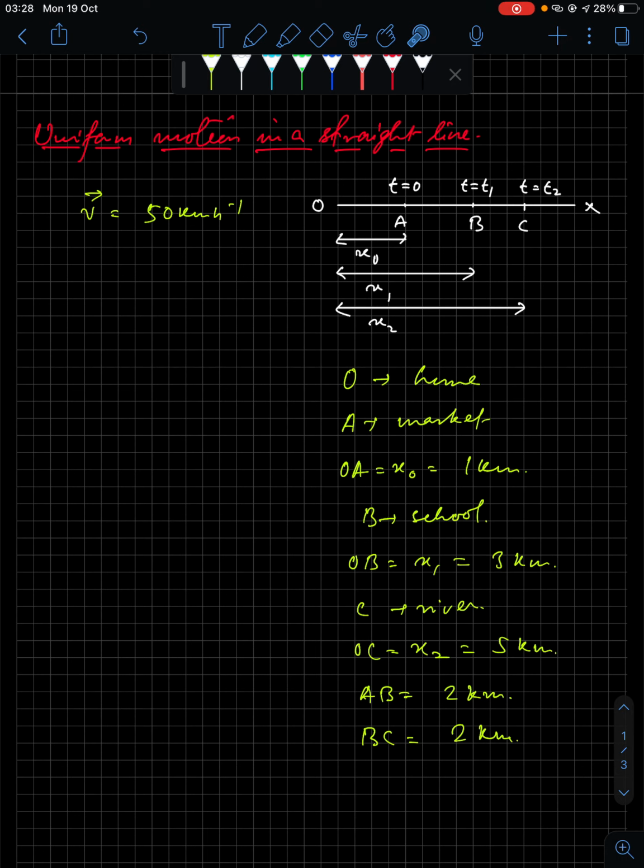Say you reached your school in 10 minutes, then t1 would be 10 minutes. Say you reach the river, measuring from the market, in 20 minutes, then t2 would be 20 minutes. t1 is 10 minutes, t2 is 20 minutes, and t is 0. I hope this point is clear.